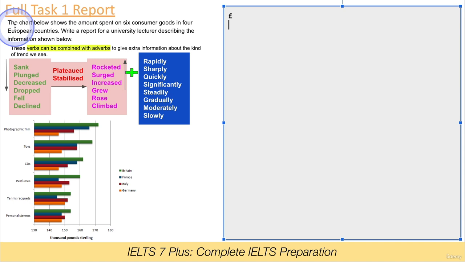We need to paraphrase the first sentence. So the chart below shows the amount spent on 6 consumer goods in 4 European countries. Let's put that into our own words. The horizontal, we can add that because it's on the horizontal axes.